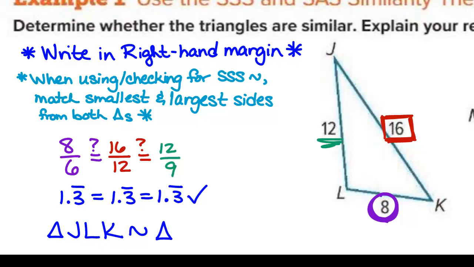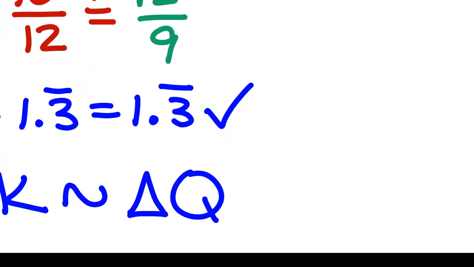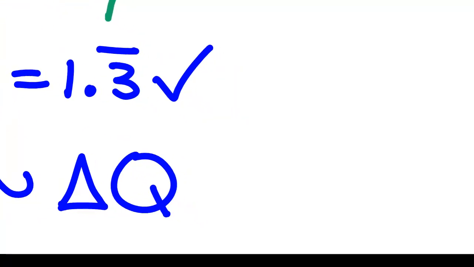Which angle is across from my smallest side on the other triangle? Q. So J and Q would be congruent angles. Angle L is across from my largest side. Which angle on the other triangle is across from the largest side? M, thank you.